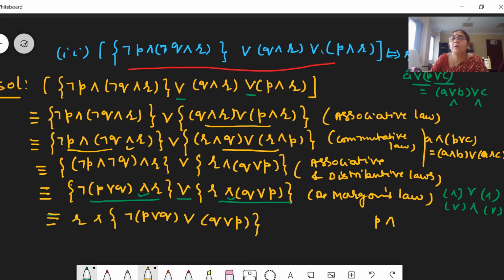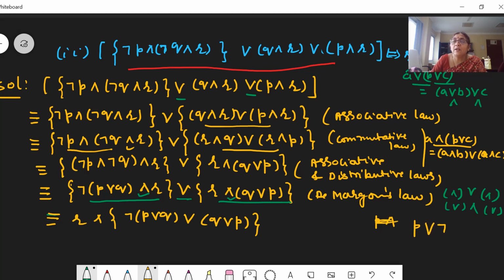Compare this formula, the distributive formula: A conjunction of B disjunction with C is nothing but A conjunction with B disjunction of A conjunction with C. Therefore, A conjunction of negation of P disjunction with Q, disjunction of C. C is what? This is C. Q disjunction with P.